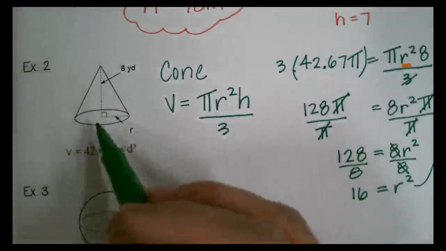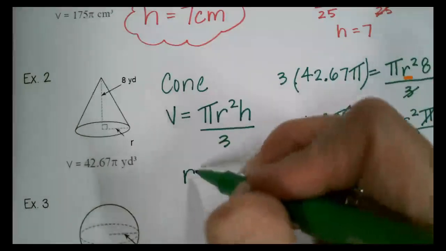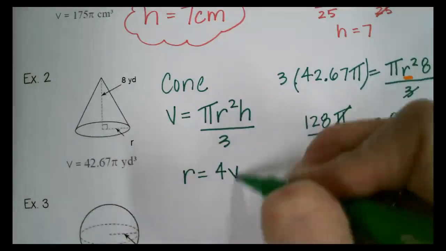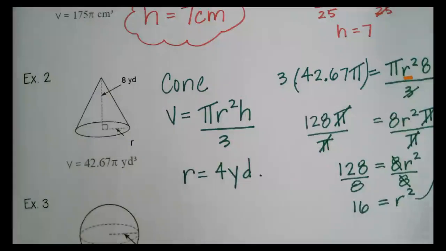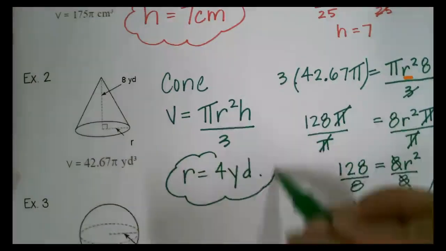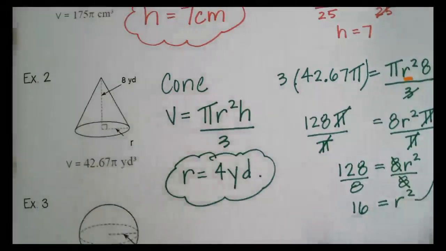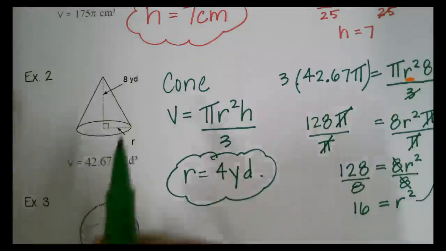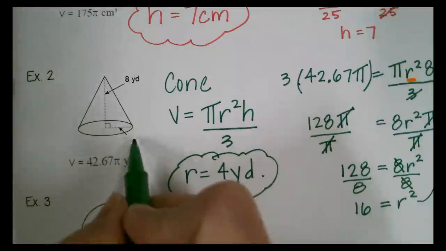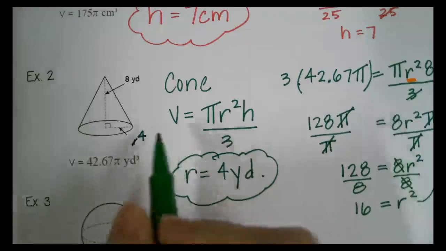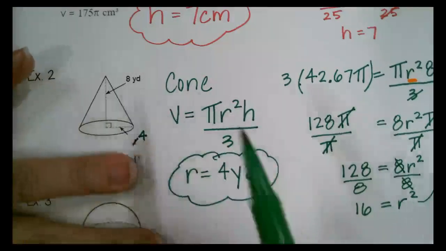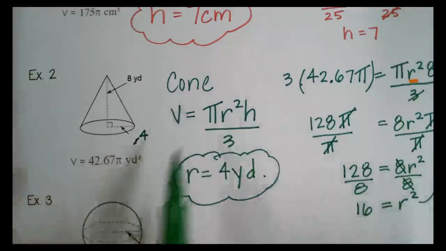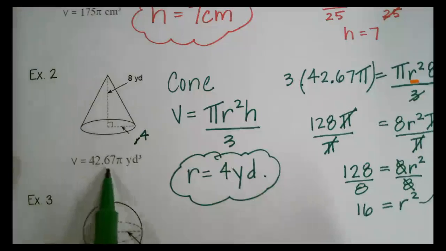So I know that for this cone, the radius is 4 yards. And that's the answer. Now, you can always go back and check by filling this back in, because if we believe that this is 4, then we can rework this problem to verify that we get 42.67 pi.